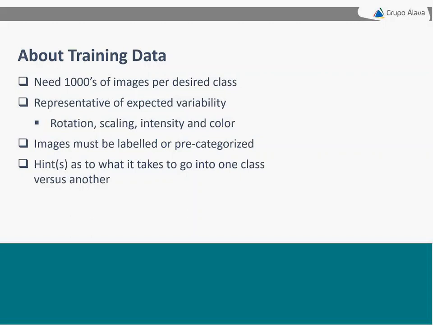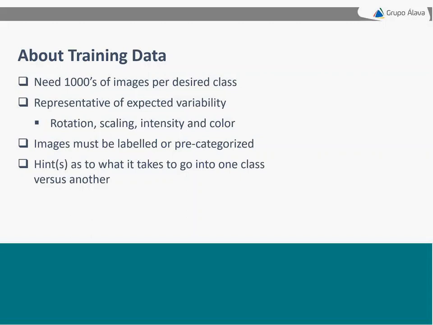Then what we need is different ways of representing every image that we have. We need different images and different ways to see that image. For example, different rotation, different scaling, different aspect ratio, intensity, or color.